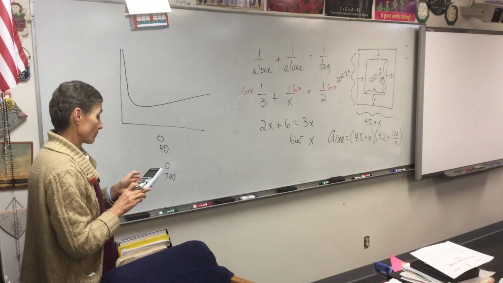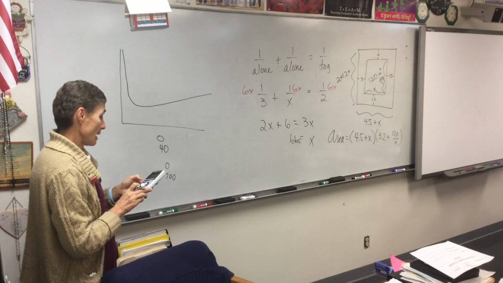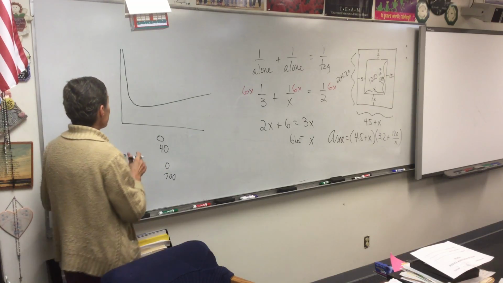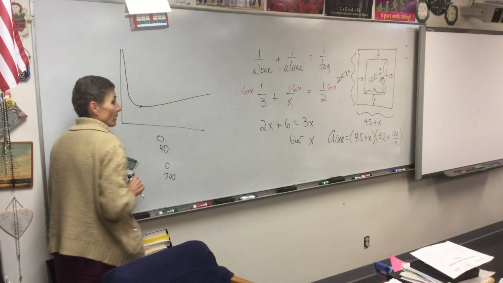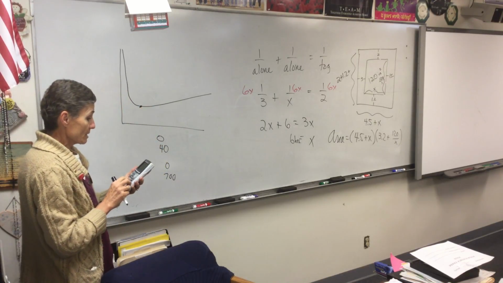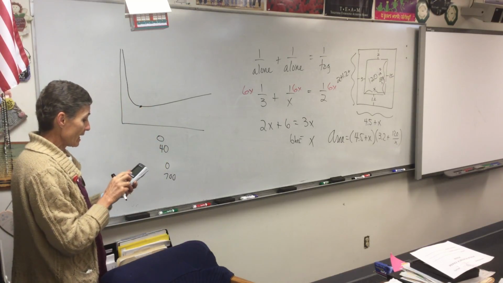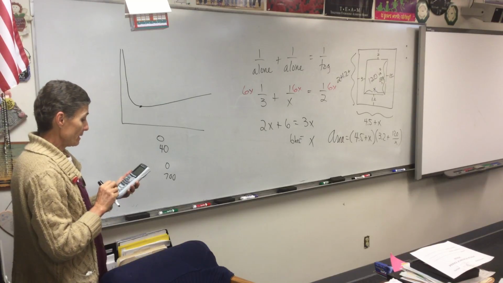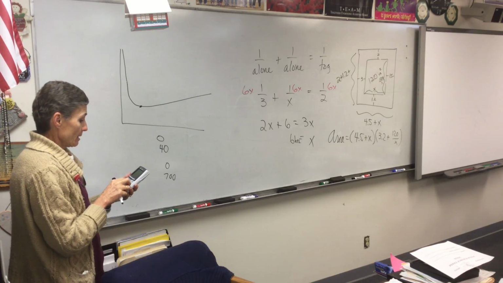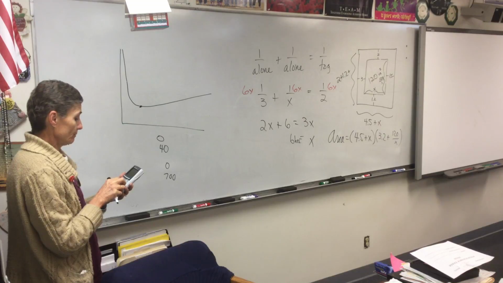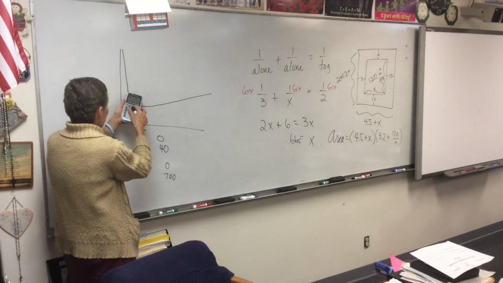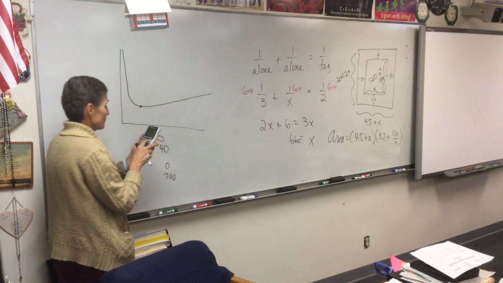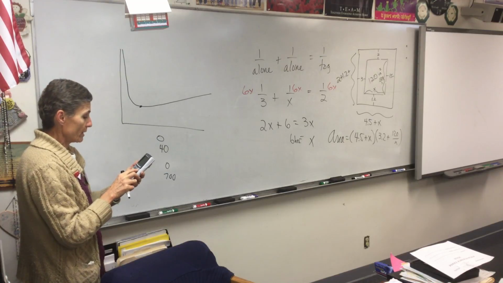Now, I need the minimum, so I'm going to look for a point right down in here, right? So I'm going to do second calc, minimum. And I'm going to set my cursor up here somewhere and out here somewhere, because I want to find the low point in there.